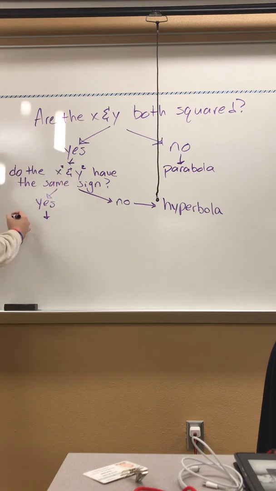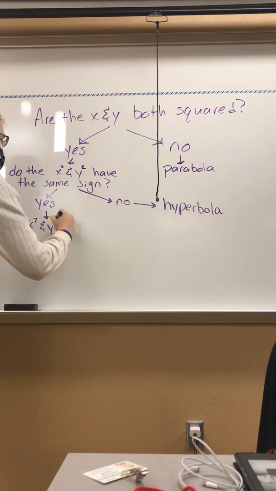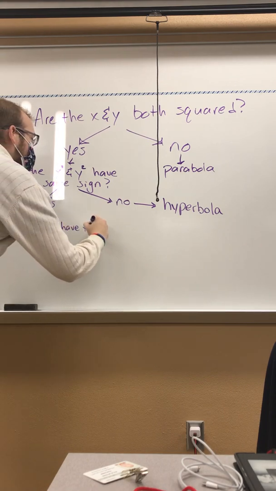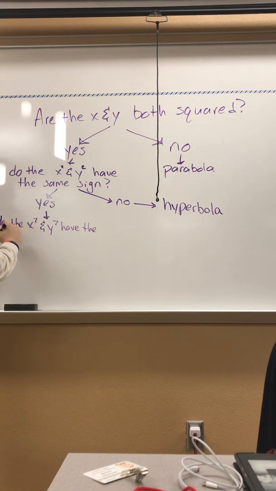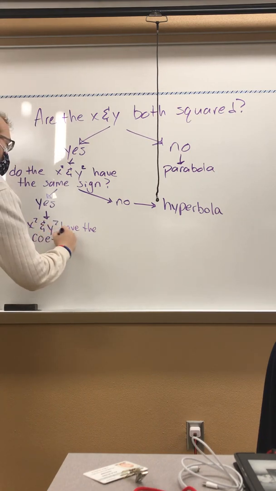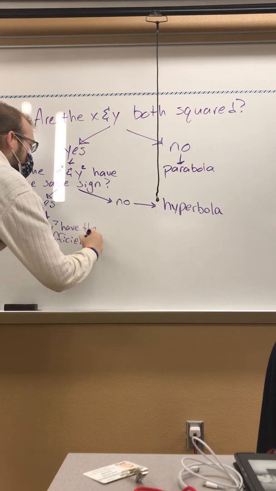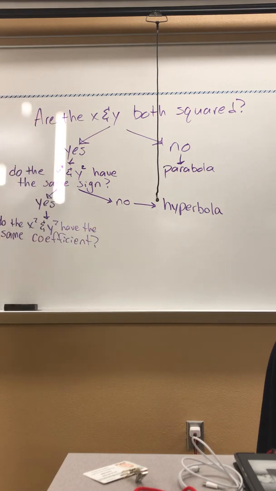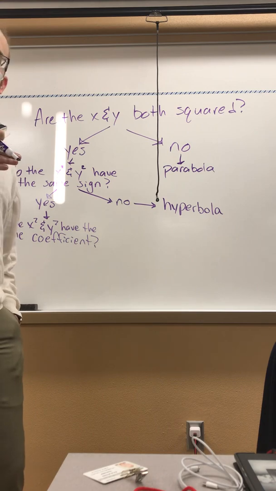And that last question is, do the x squared and y squared have the same coefficient? Okay, and what I mean by coefficient is the number in front of them, right?